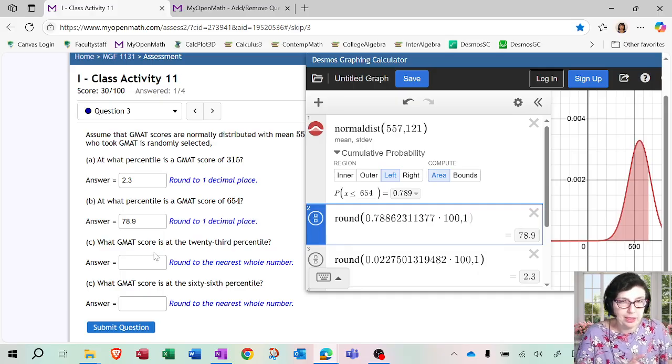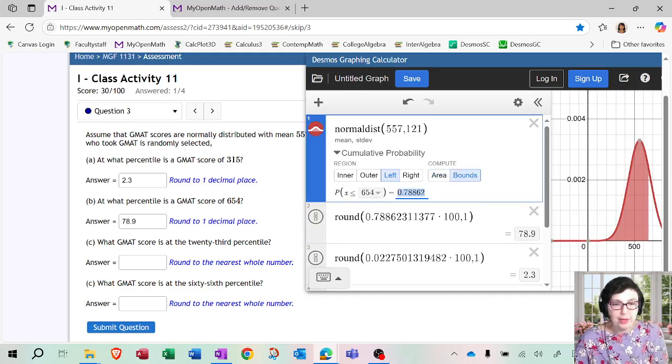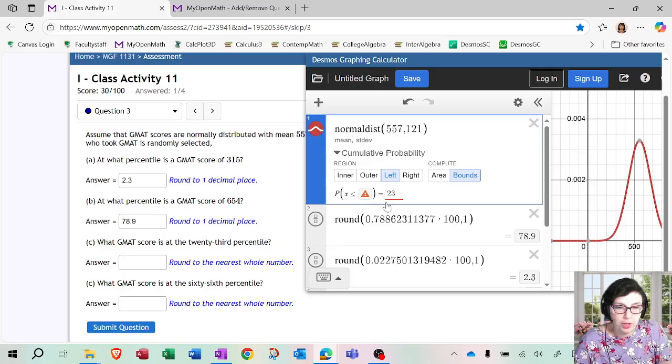Okay, but this is not the same thing as the next question. The next question says, what value of GMAT would correspond to the 23rd percentile? So here they give you the percent and ask you to find the data value. So you need to switch the compute to bounds, and the percent would go here. Now, if you just put, let's say, 23, Desmos will not give you any answer because you did not convert it to a decimal.